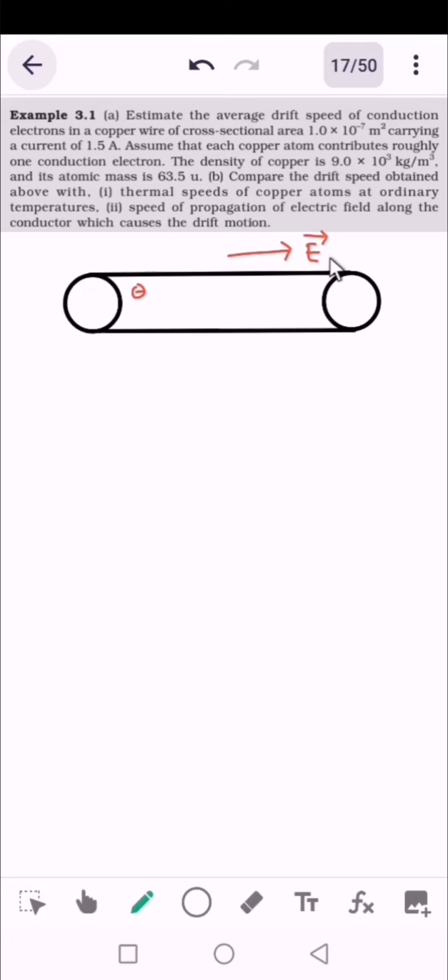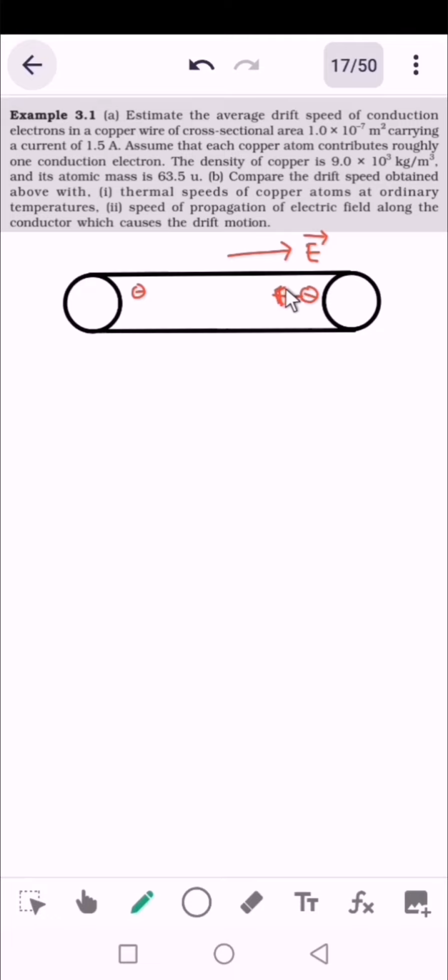So if the external electric field is towards the right, the electrons will be drifting from right to left. So the electrons will be drifted in just the opposite direction.